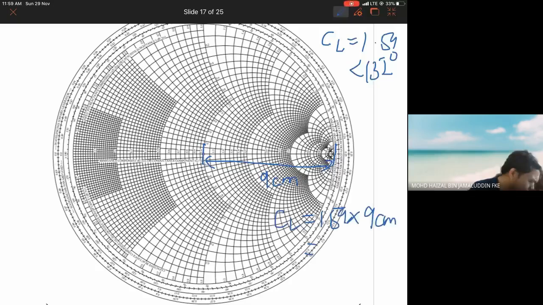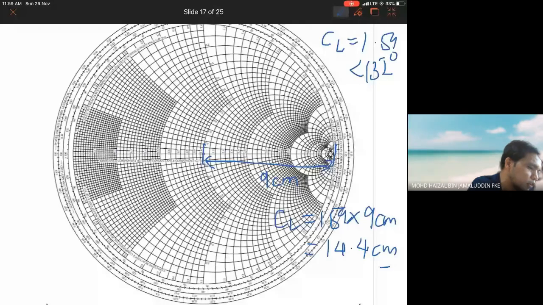Here, 1.6 approximately times 9 cm gives 14.4 cm. So you take a ruler and mark it at 132 degrees.